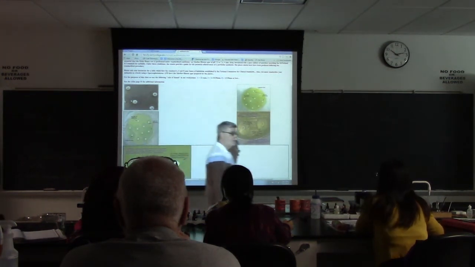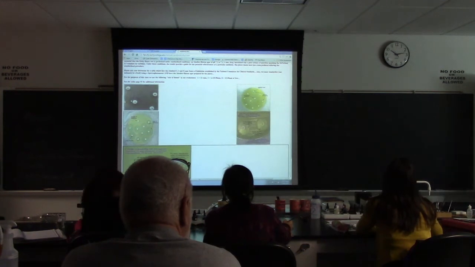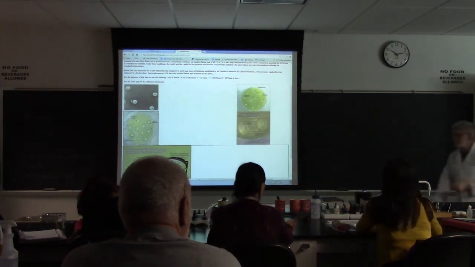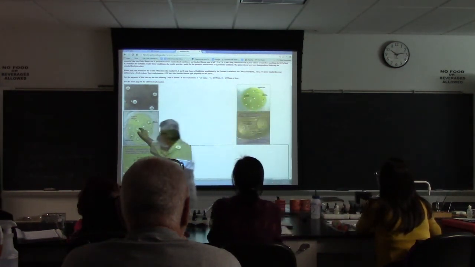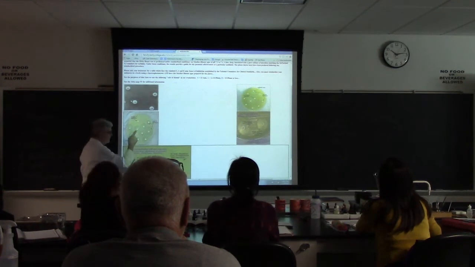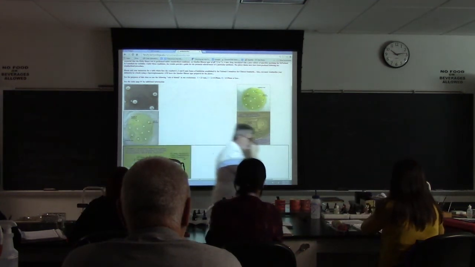So, anyone have trouble reading an antibiotic plate? You just measure in millimeters the width of the zone of inhibition, the diameter. And the best thing to do is just measure from the center of the disc to the nearest growth times 2. That will give you a better measurement than trying to find the right edge. Okay.